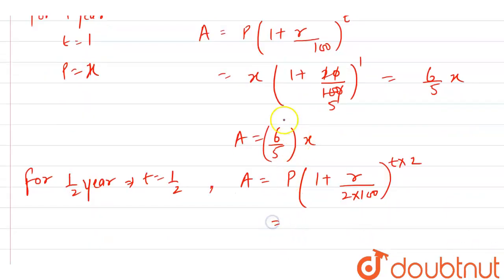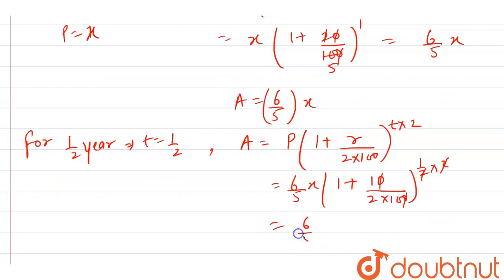The principal amount now is 6 by 5 of X. So it is 6 by 5 X into (1 plus the rate, 10 by 100) whole raised to power 1 by 2 into 2. The 2 gets cancelled with this 2, and the 0 with this 0, and we have 6 by 5 of X into (1 plus 1 by 10), that is 11 by 10, whole raised to power 1.